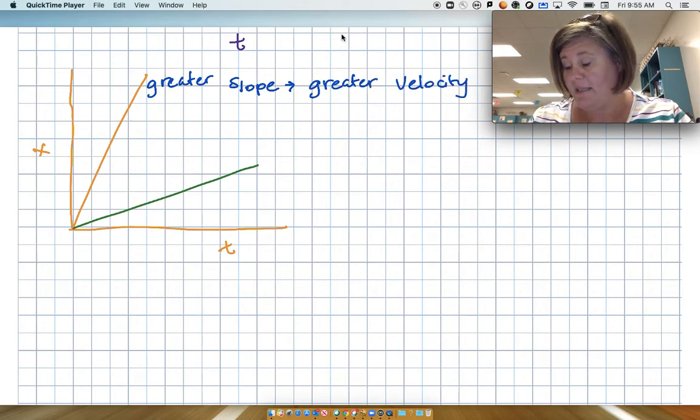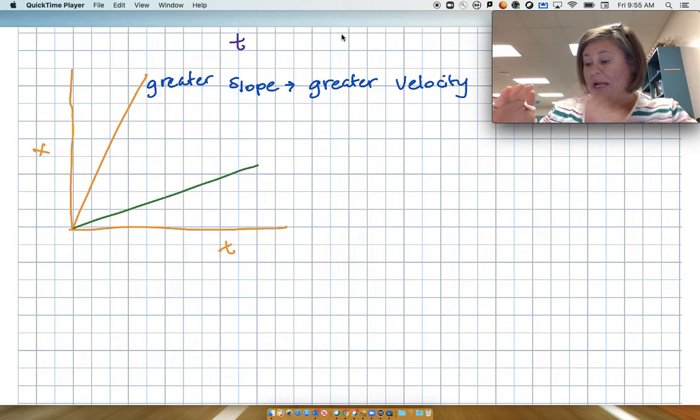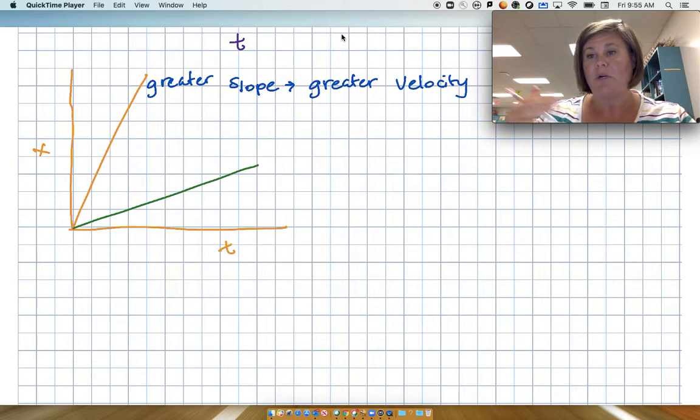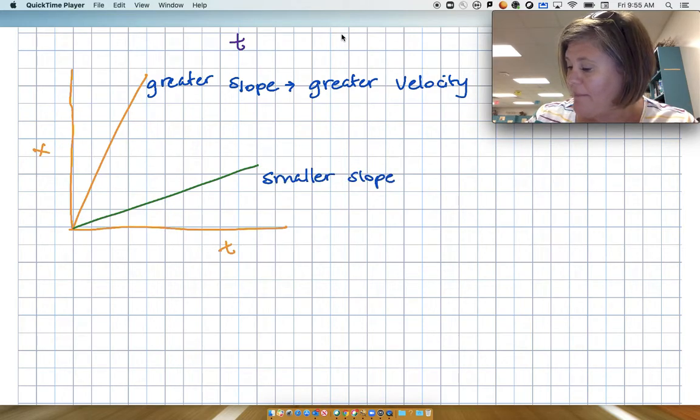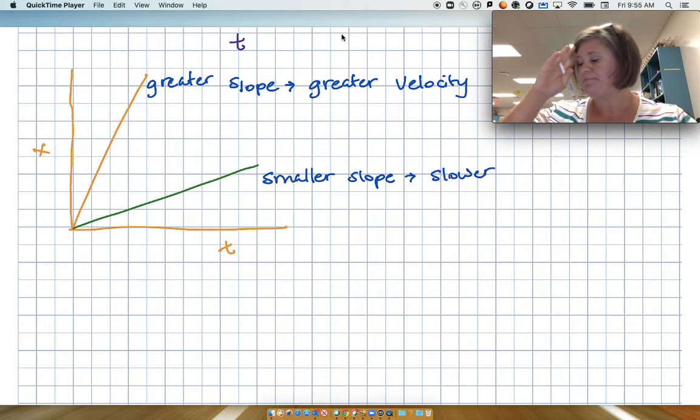It's still constant, okay? But it's just a bigger slope, which means a greater velocity, which means that the object is covering more distance per unit of time, okay? Here we have a smaller, more shallow slope, and that means that obviously the object is moving slower, okay?